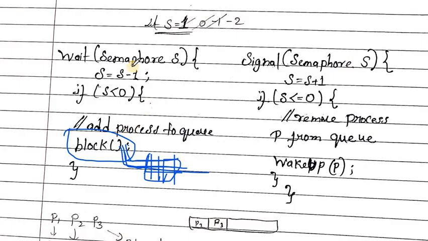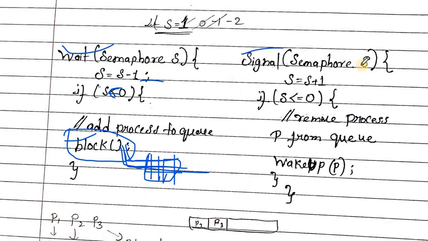So we make some modification in the semaphore. In the wait operation, when the value of S is greater than or equal to 0, it is okay. When the value of S is less than 0, the process goes into the block state.